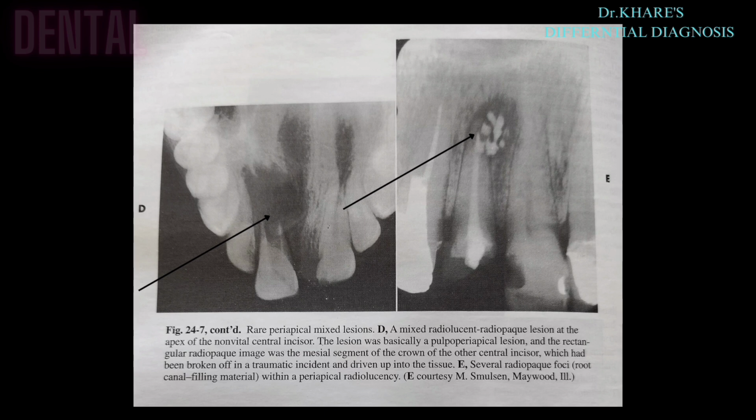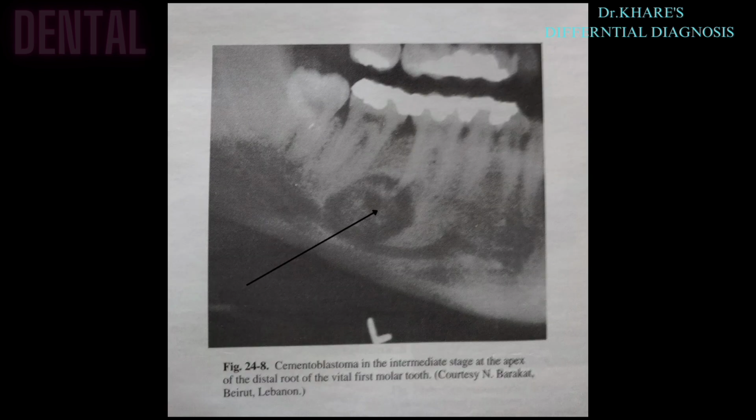The lesion was basically a pulpoperiapical lesion, and the rectangular radiopaque image was the mesial segment of the crown of the other central incisor, which has been broken off in a traumatic incident and driven up into the tissue. Now radiograph E shows several radiopaque foci of root canal filling material within a periapical radiolucency.